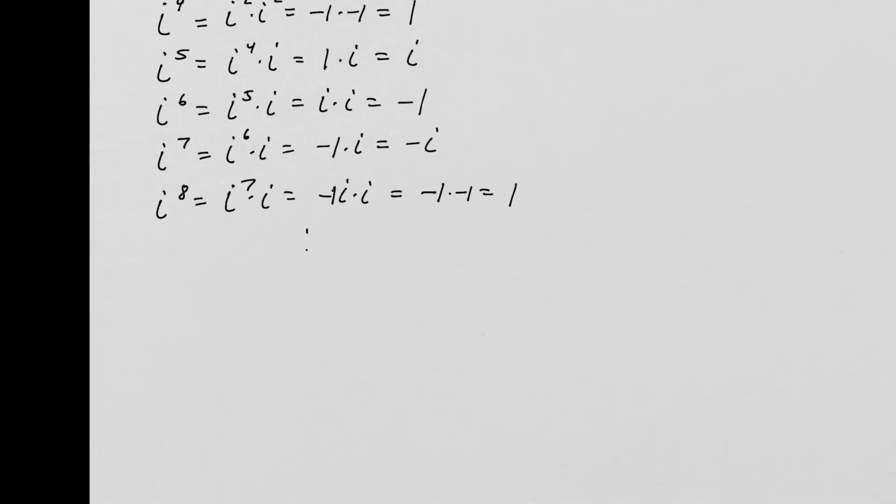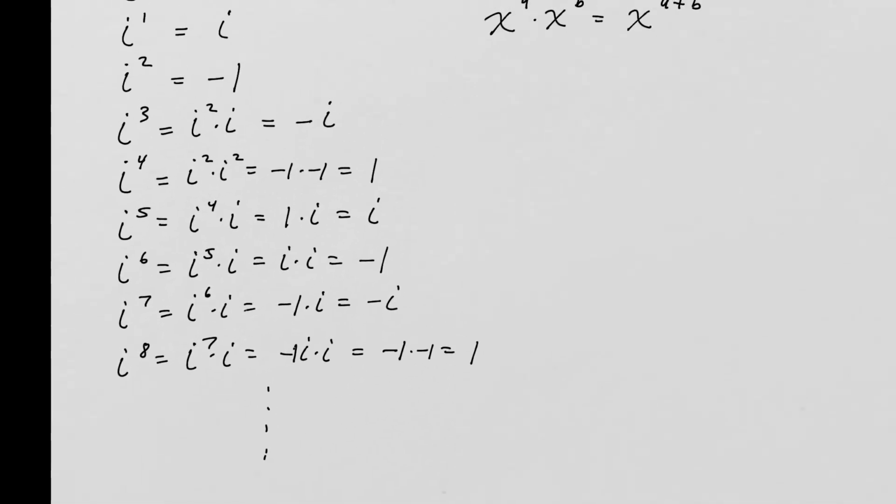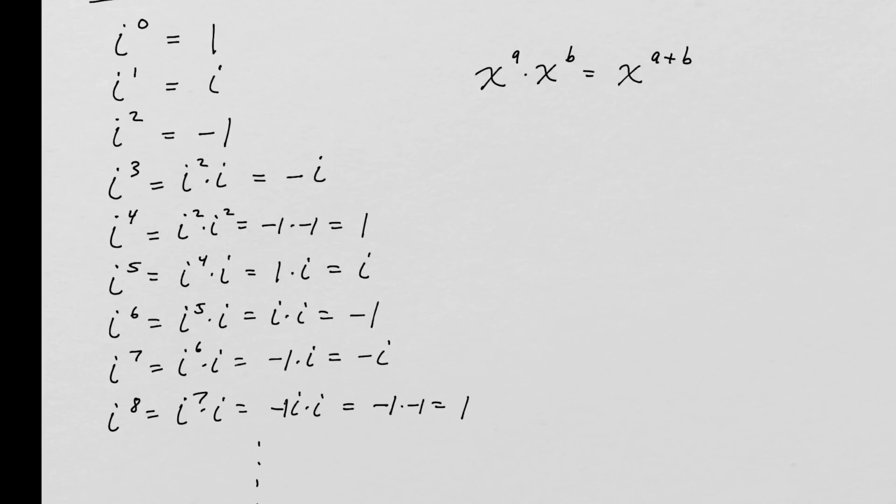And it continues. So can you guys see the pattern here? So it repeats, right? It starts with 1, then i. So when the exponent was 0, 1, 2, 3, 4, it goes 1, i, negative 1, negative i, 1, and then 5 will be i again, and so on and so forth.